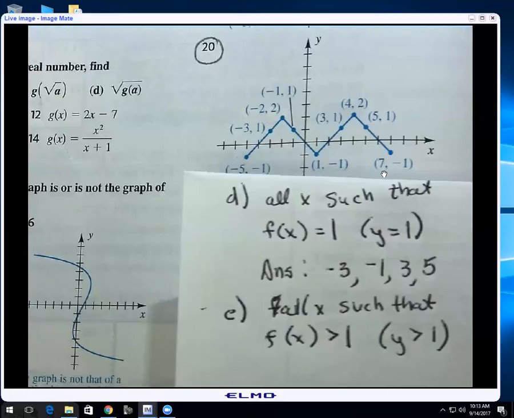With these instructions, would you have parentheses or brackets on those endpoints of the intervals? At negative 3, the y is not bigger than 1, it's equal to 1. So don't include that endpoint.